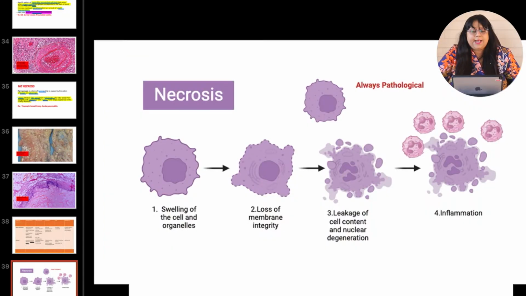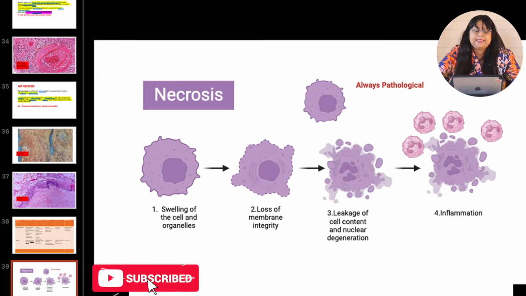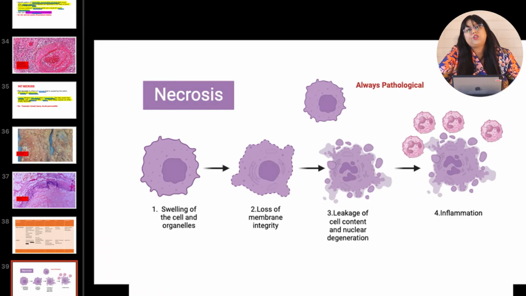So coming to the end of this session, as I have told you, necrosis is always pathological. This is a very important feature. Because of enzymatic digestion of the cell and because of decreased ATP, there are morphological changes in the cell, and the first change is swelling of the cell and organelles.